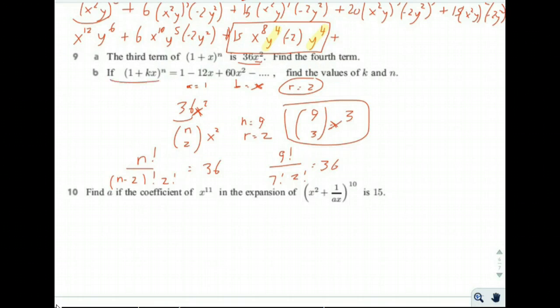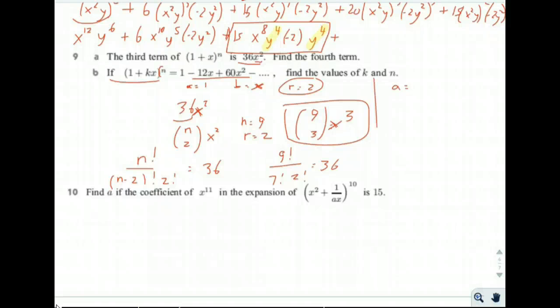What about b? If 1 plus kx to the nth is equal to this expansion, find the values of k and n. So again, they don't give us the degree, but from the terms we can figure it out. Let's see.